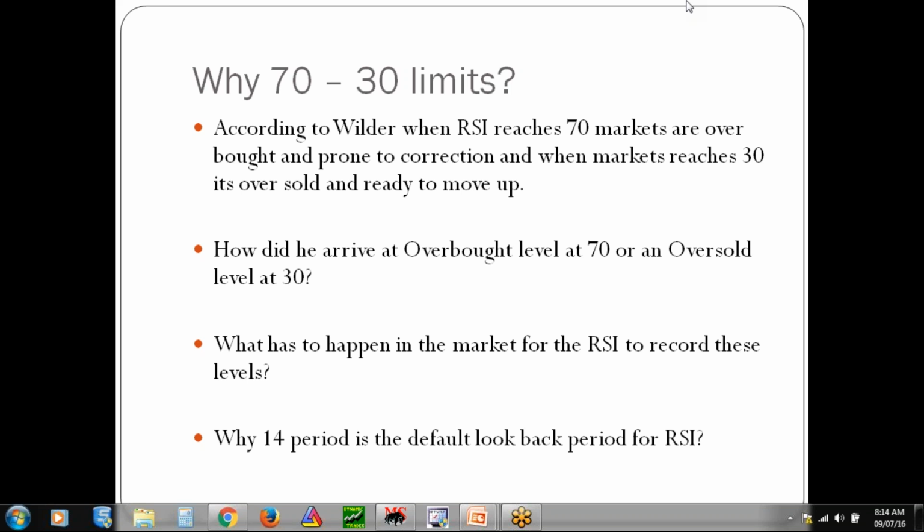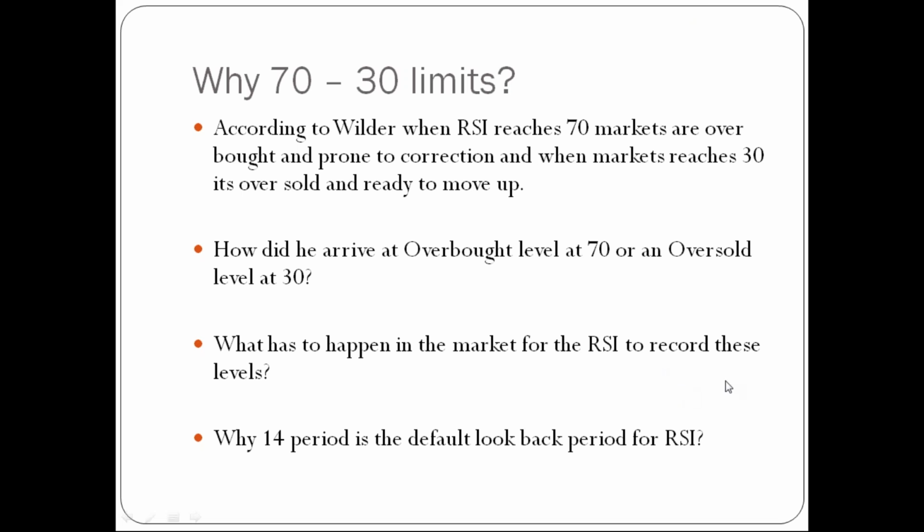That means we are in a downtrend, and so we are moving into the 30 zone, an oversold zone. This has to happen in the market when price moves to extremes, right? So the doors are opening.